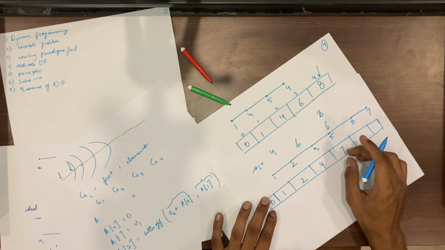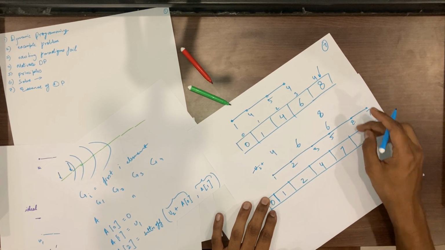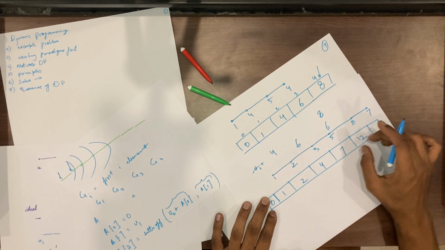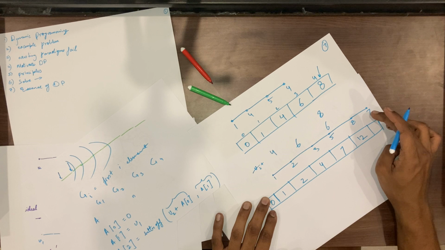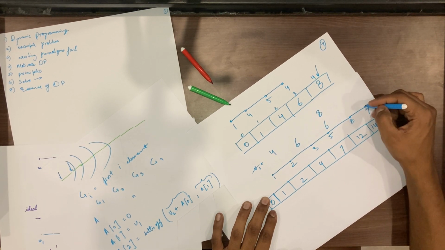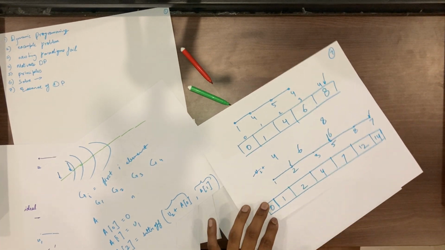Either it carries on 4, or it is 5 plus 2, 7. Either it carries on 7, or it is 8 plus 4, 12. Either it carries on 12, or it is 7 plus 7, 14. So it looks like this is the one. 7 plus 5 plus 2, that is the correct one.